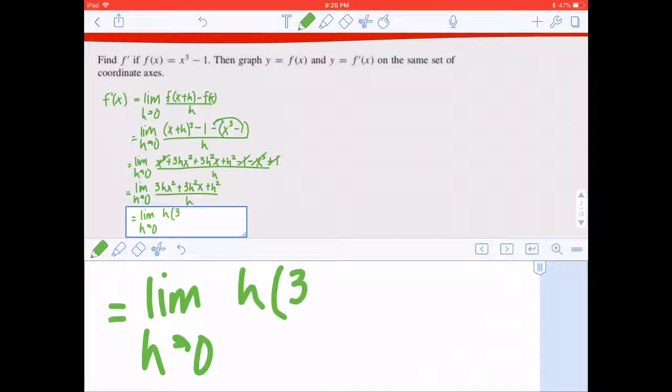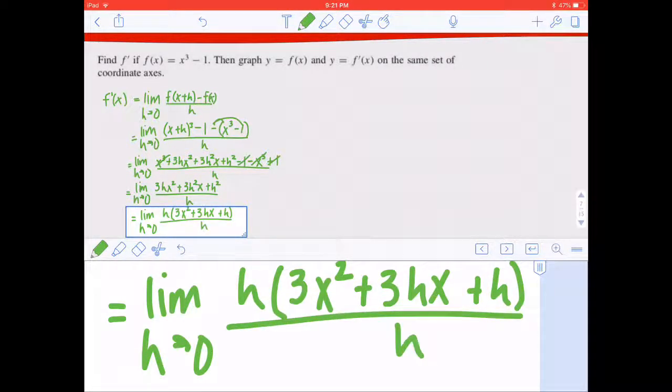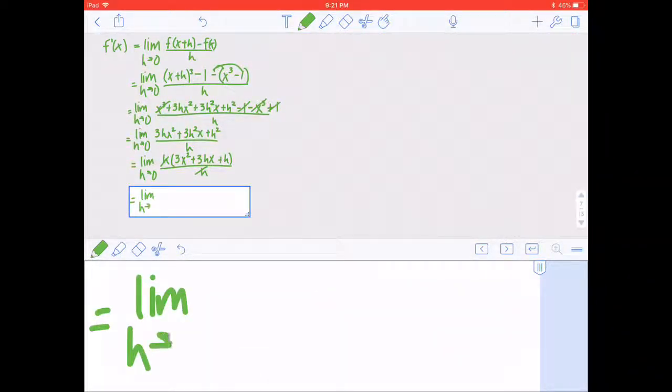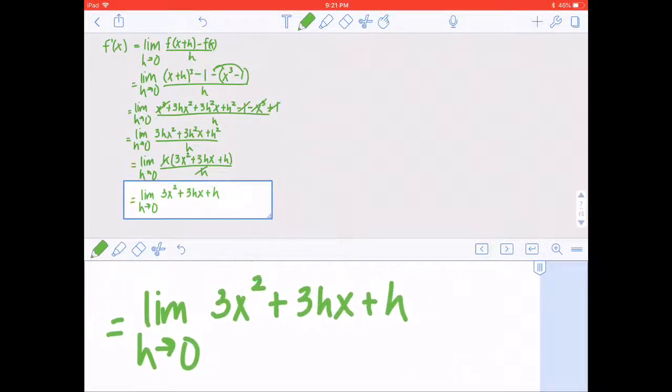So that leaves me with 3x squared plus 3hx plus h squared over h. Cancel out those h's, and we get the limit as h goes to 0 of 3x squared plus 3hx plus h squared. We canceled out the h, so we don't have an h in the denominator.